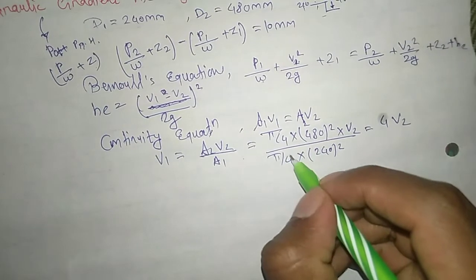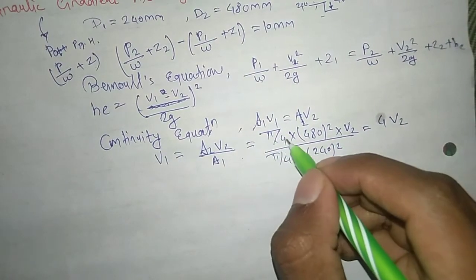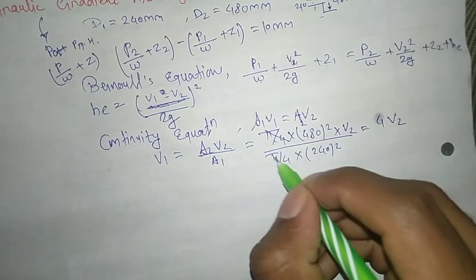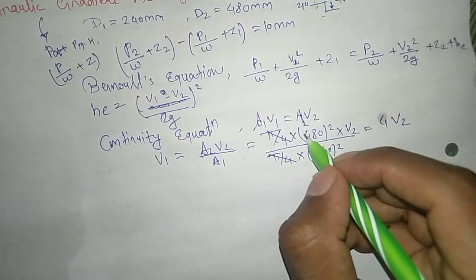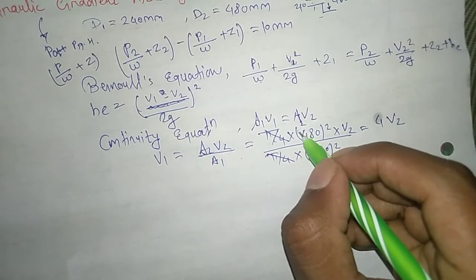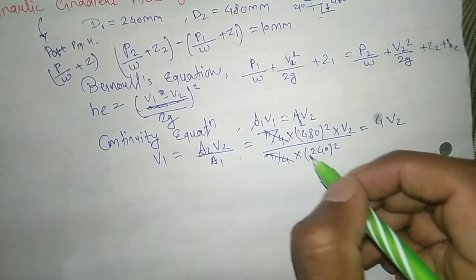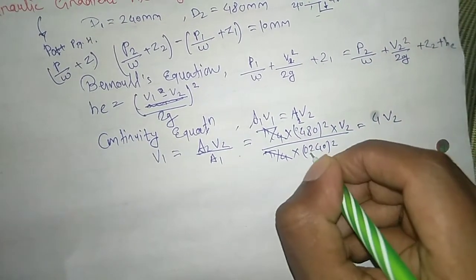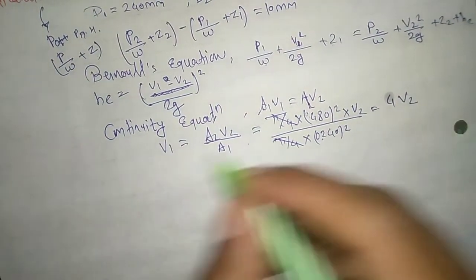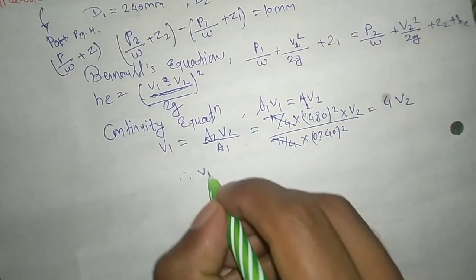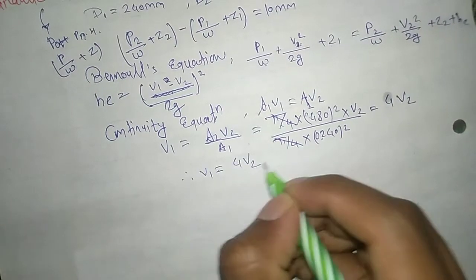You can write 480 in meters also as 0.48, the answer will be the same. I have not written it, so you can correct it. Therefore V1 equals 4 V2.